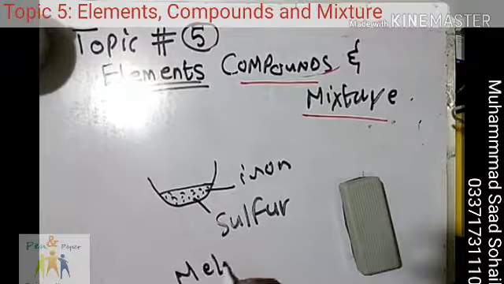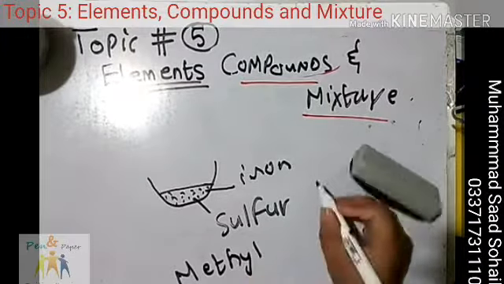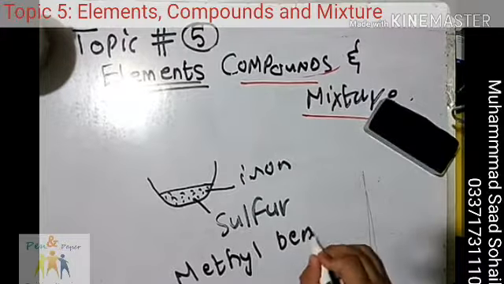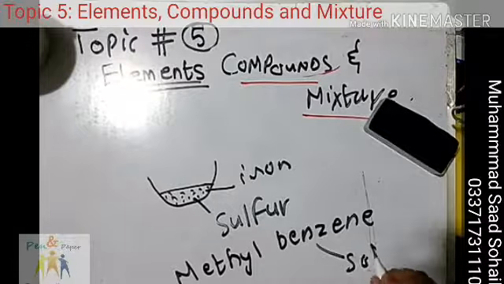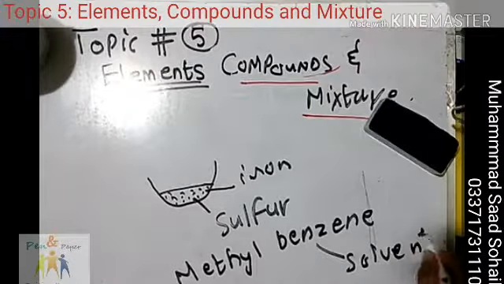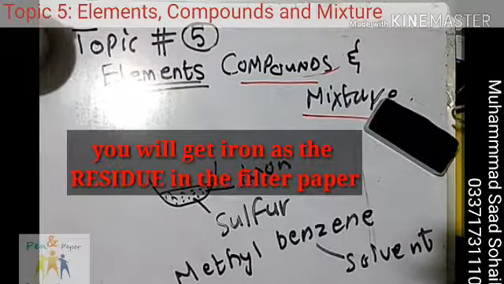Remember that methyl benzene is a solvent. And after dissolving the sulfur in methyl benzene, you can simply filter the iron.